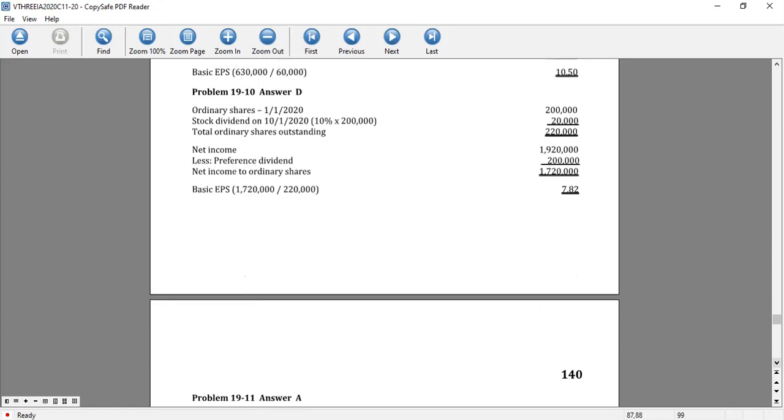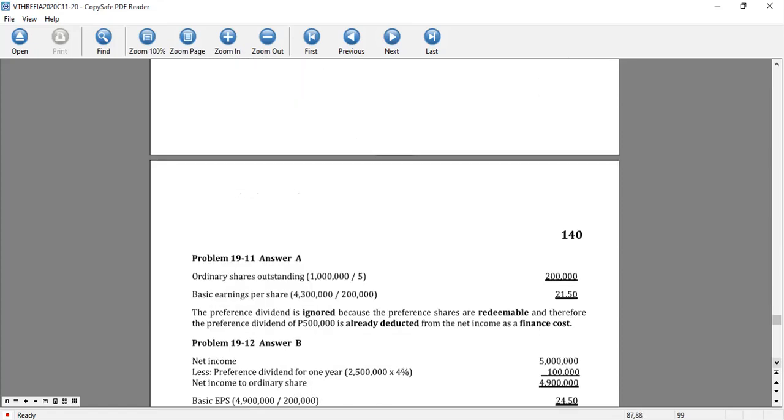Next, we go to 19-11. What amount should be reported as basic earnings per share? The ordinary shares outstanding, we have 1 million divided by 5. So we have 1 million and the par per share is 5.